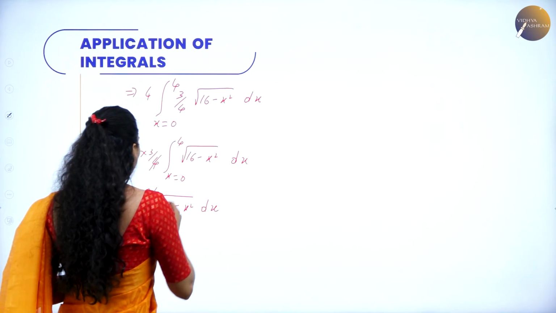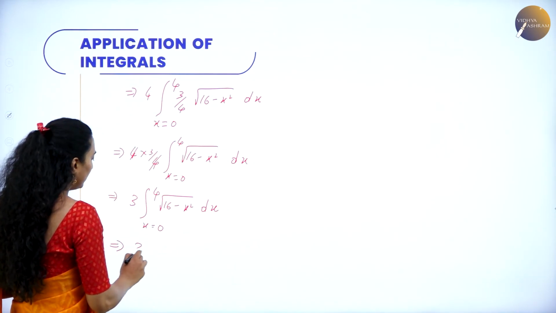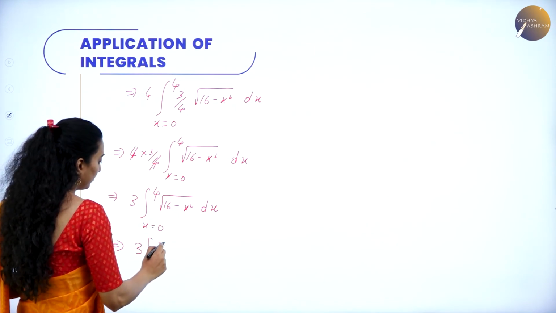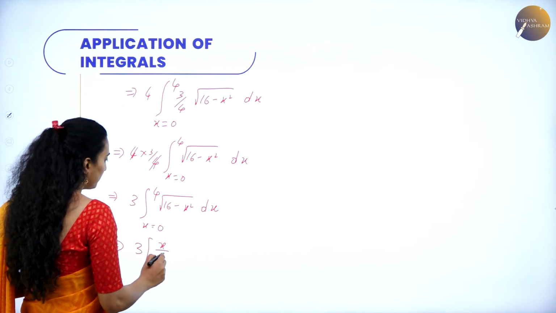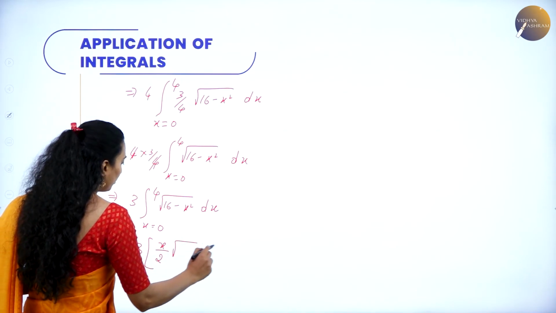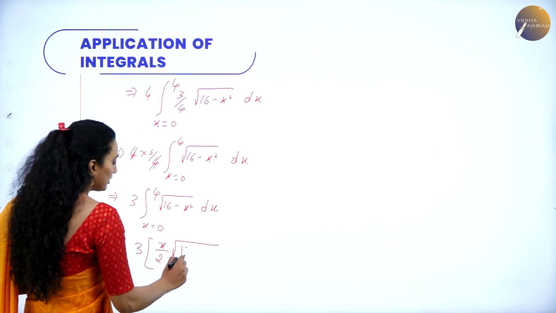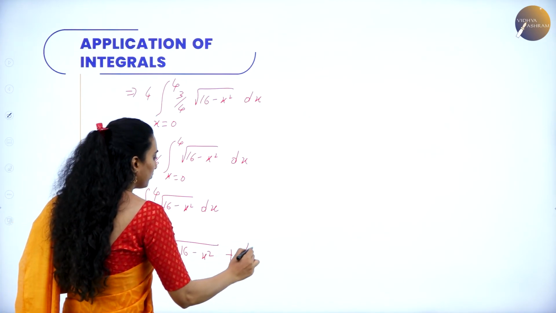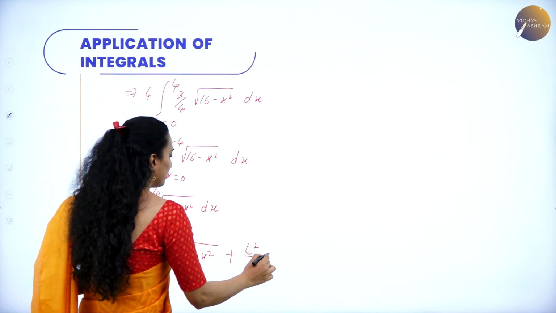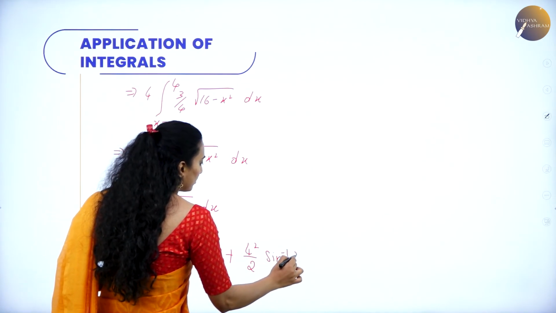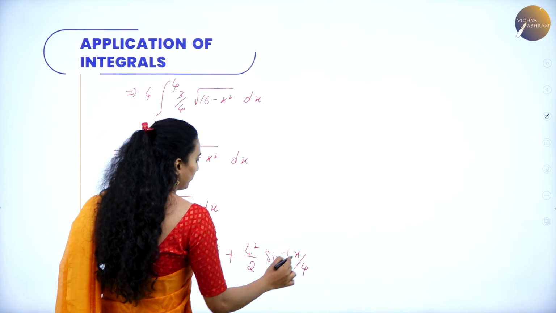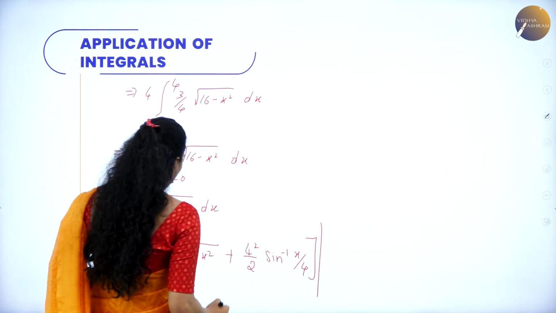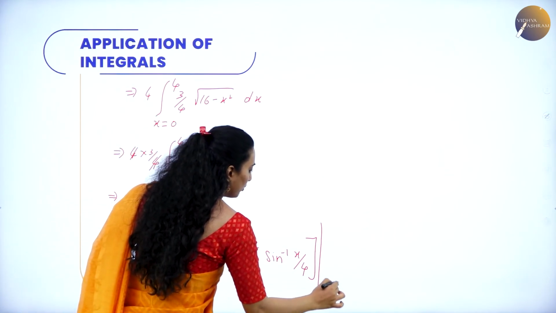So applying that, you are having 3 into x by 2 into under the root of a squared, which is 16 minus x squared, plus a squared, that is 4 squared divided by 2, into sine inverse of x by a. So x divided by a is nothing but x by 4, right, with the limits x varying from 0 to 4.